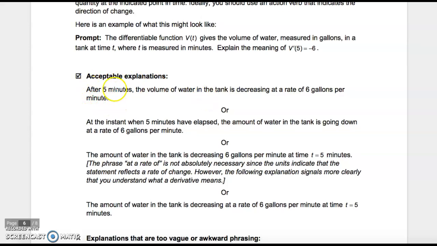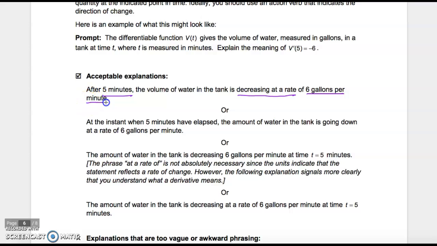That would be a perfectly acceptable explanation. At the instant when 5 minutes have elapsed, the amount of water in the tank is going down, which is another way of saying decreasing, at a rate of 6 gallons per minute. They still have the 3 big pieces, right? The time it happens at, the decreasing or going down or changing at a rate of something, and then the 6 gallons per minute.